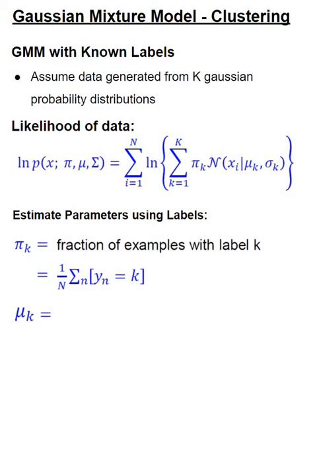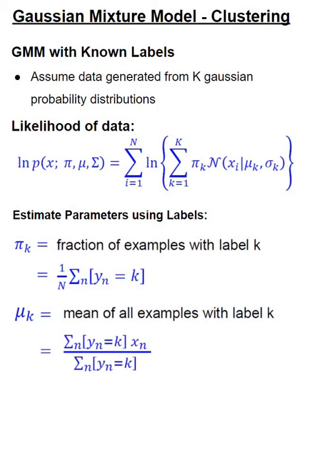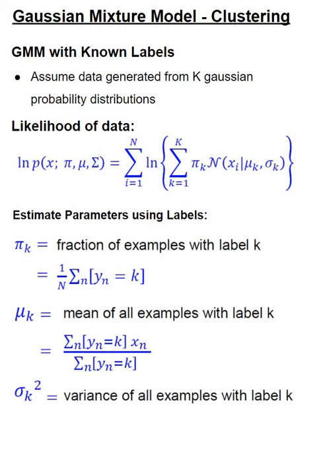Mu of k is the mean of all data points with label k, which can be written as the sum over data points with label k divided by the count of data points with label k. The variance of k is the variance of all data points with label k, and that is shown through a standard variance formulation for the data points with label k.